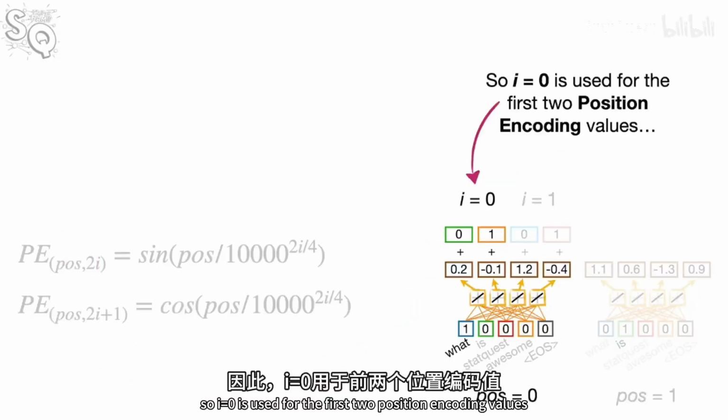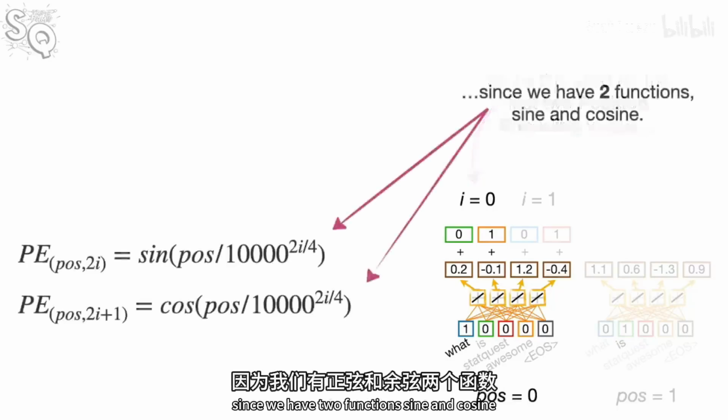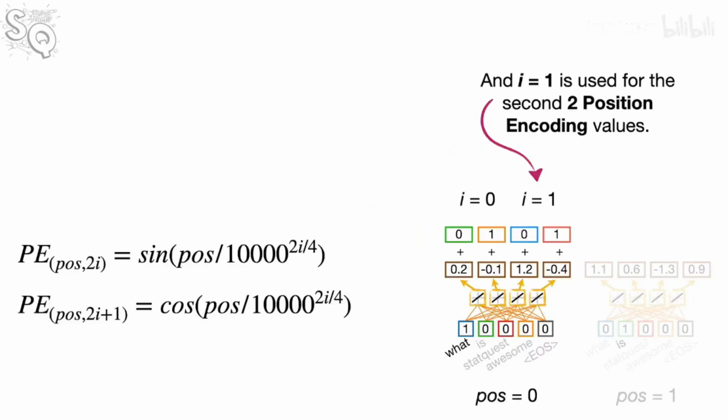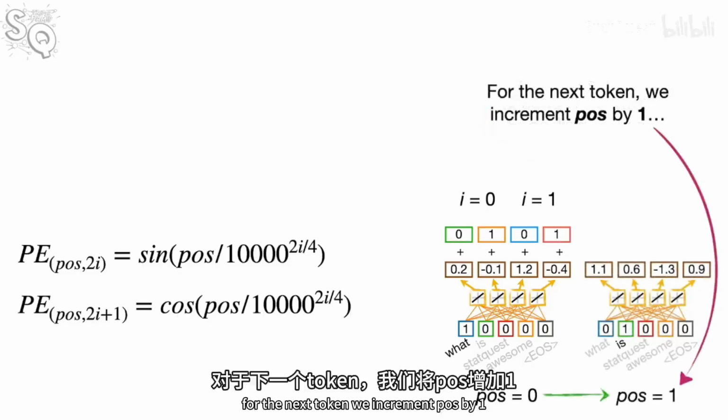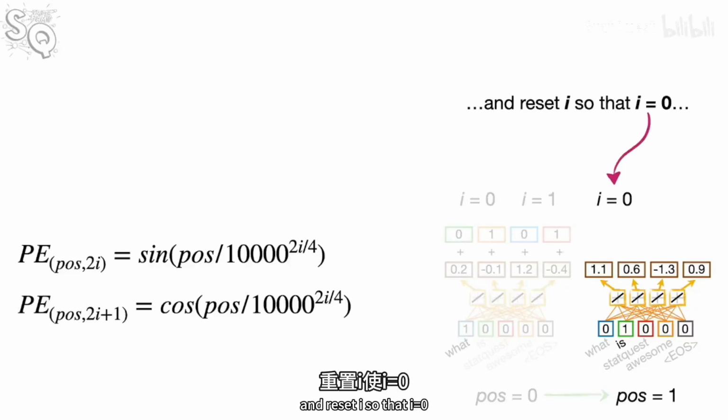So, i equals 0 is used for the first 2 position encoding values, since we have 2 functions, sine and cosine. And i equals 1 is used for the second 2 position encoding values. For the next token, we increment pos by 1, and reset i so that i equals 0.